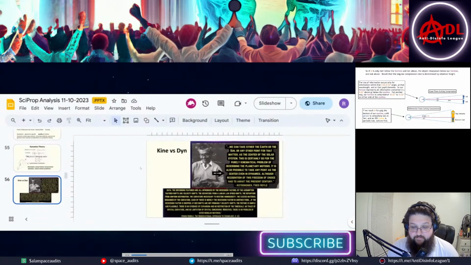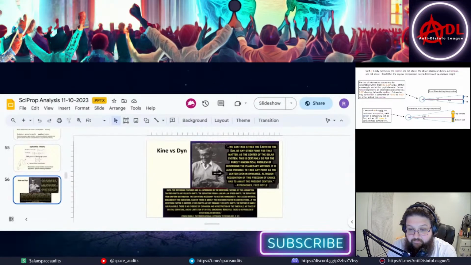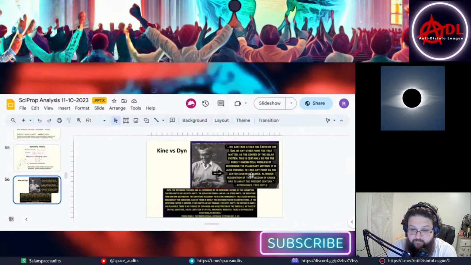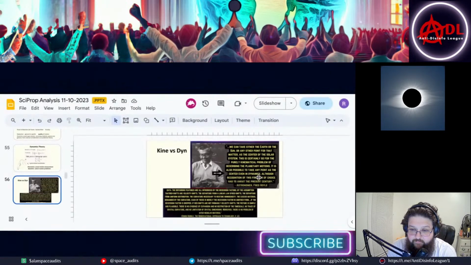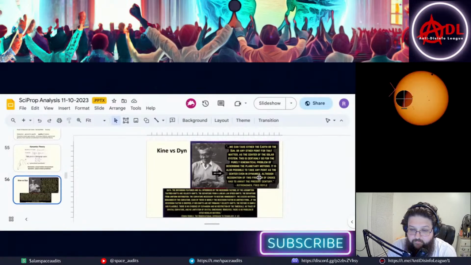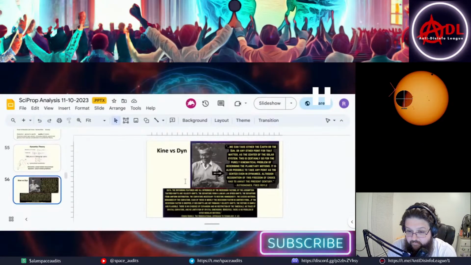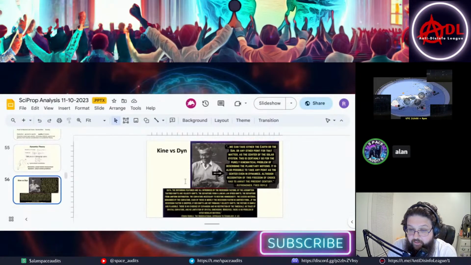Okay, this is something I borrowed from Austin's presentation. The only thing I want to point out is right here where Fred Hoyle says, "it is also possible to take any point as the center, even in dynamics." No, not true. As I just described, you must use the lab frame as your center of calculation. You cannot take the hypothetical center of a rotating mass as your distinction point.